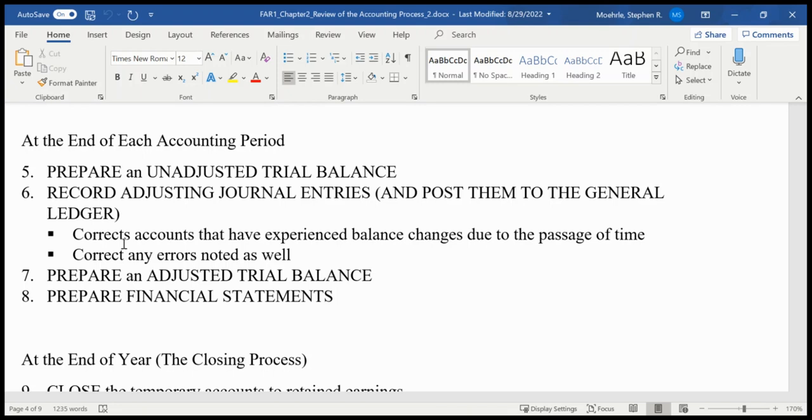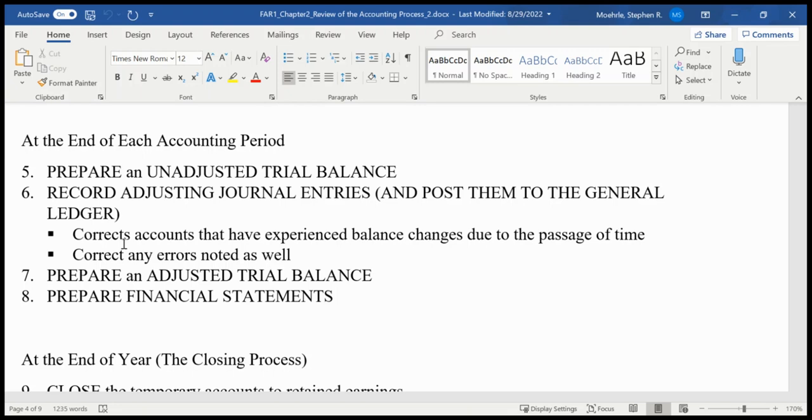After recording all necessary adjusting journal entries and posting them to the general ledger, we prepare an adjusted trial balance. This is, again, just a couple of columns that ensure that indeed debits equal credits and assets equal liabilities plus shareholders' equity.